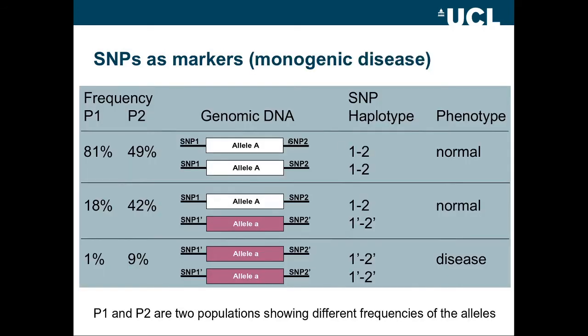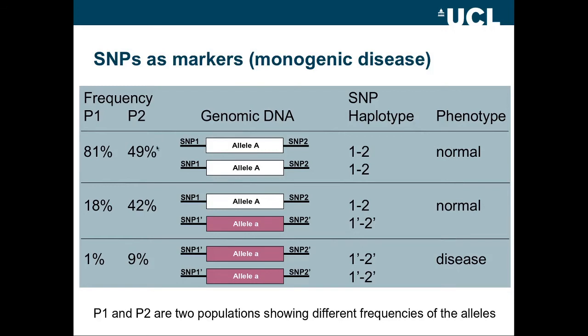So we've got two populations over here, population 1 and population 2. In population 1, we have a large fraction having this genomic DNA, in other words, allele big A, a smaller fraction being heterozygous, and a very, very small fraction having the disease-causing alleles as homozygous.